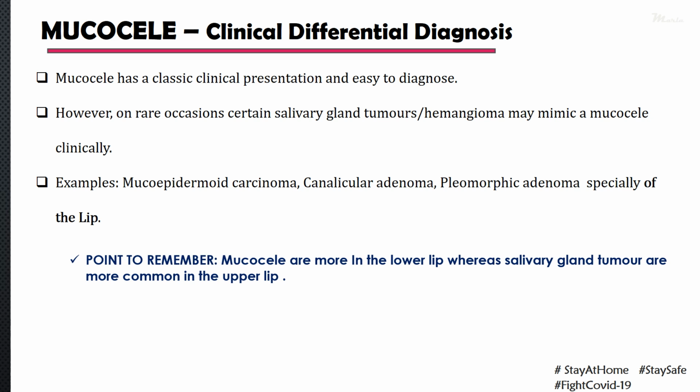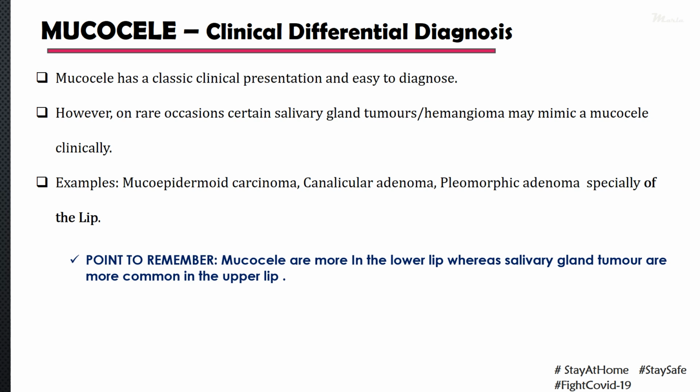At this point, we have to remember that mucoceles are more common in the lower lip, whereas salivary gland tumors are more common in the upper lip. We have discussed this point during the discussion of the topic salivary gland tumor as well.